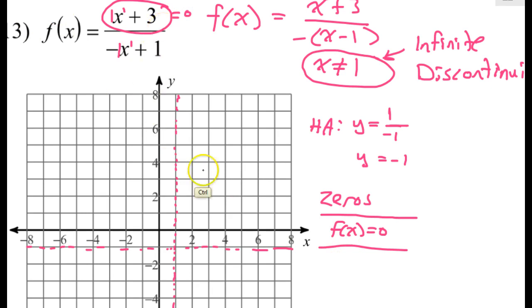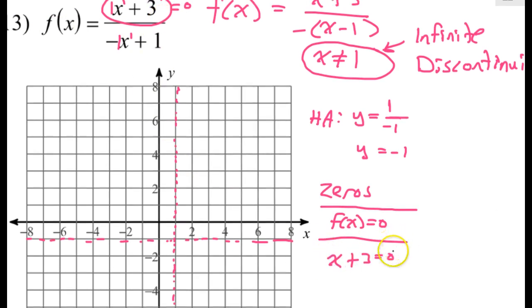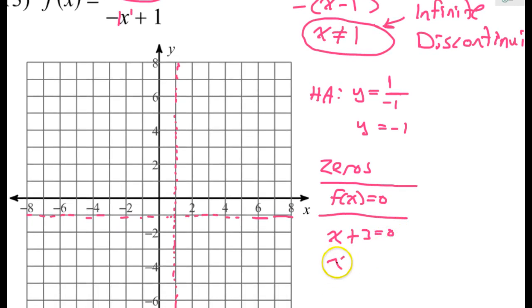So the only way the function is going to equal 0 is if x plus 3 is equal to 0. So x is equal to negative 3. That means negative 3 is a 0 of the function. Or put another way, negative 3 comma 0 is an x-intercept. So let's graph that. Negative 3 comma 0 is the x-intercept of the function. It's the one and only x-intercept of the function.